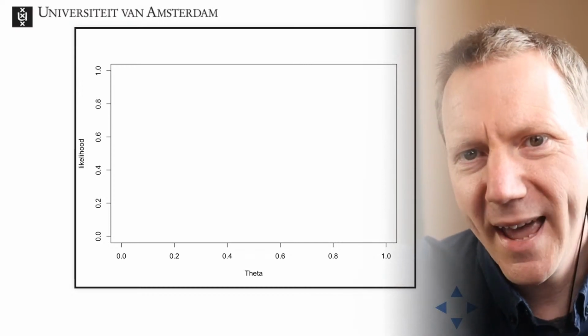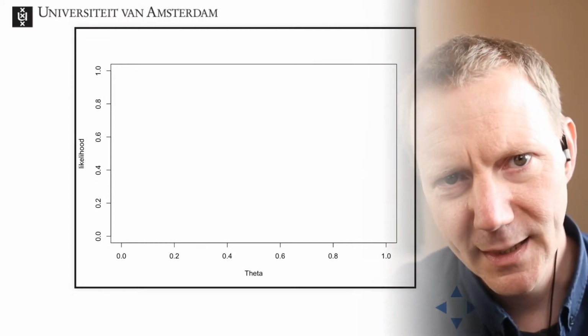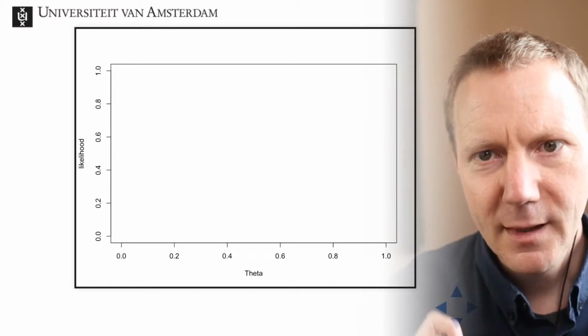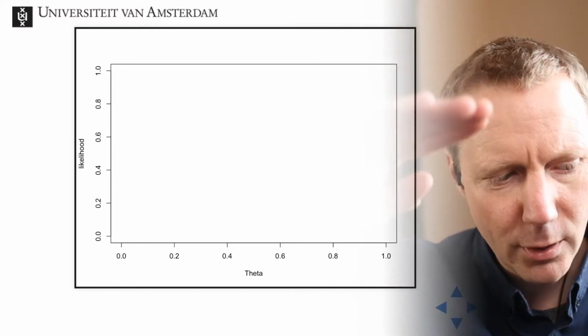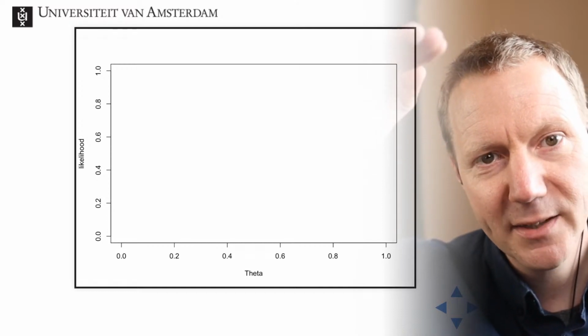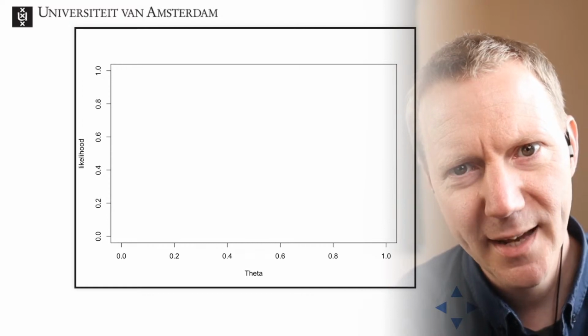And on the y-axis you have the likelihood, meaning that the higher you are on your y-axis, the more you believe that theta to be possible. Do you understand?